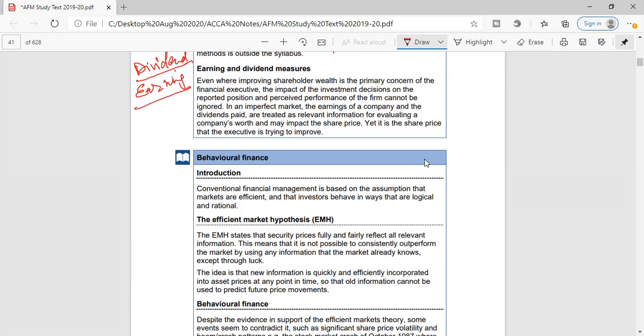A good finance manager will try to keep a balance between the dividend and earning. Just because somebody is paying the dividend regularly and a healthy dividend, it doesn't mean that the company is doing well. And the finance manager has to make the decision how to make a balance between the two, because they are somewhere related. If you distribute all the earning, then you are not able to make investment in the critical projects.